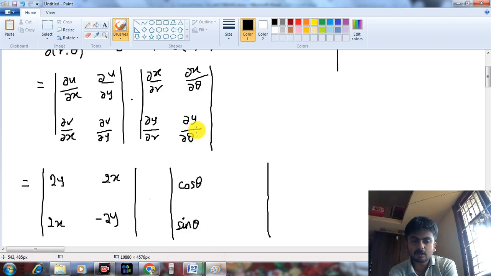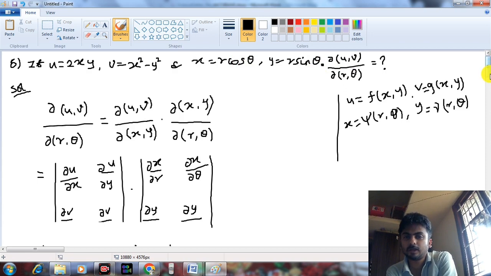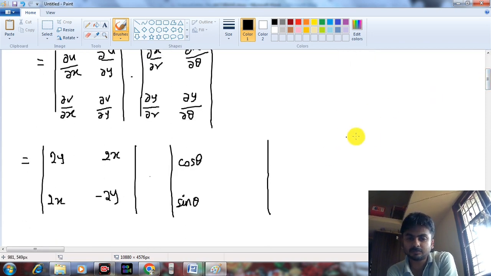Now x with respect to theta, y with respect to theta: r is constant and differentiating cos theta we get minus sin theta, so it is minus r sin theta, and y is r cos theta. So minus r sin theta and r cos theta.